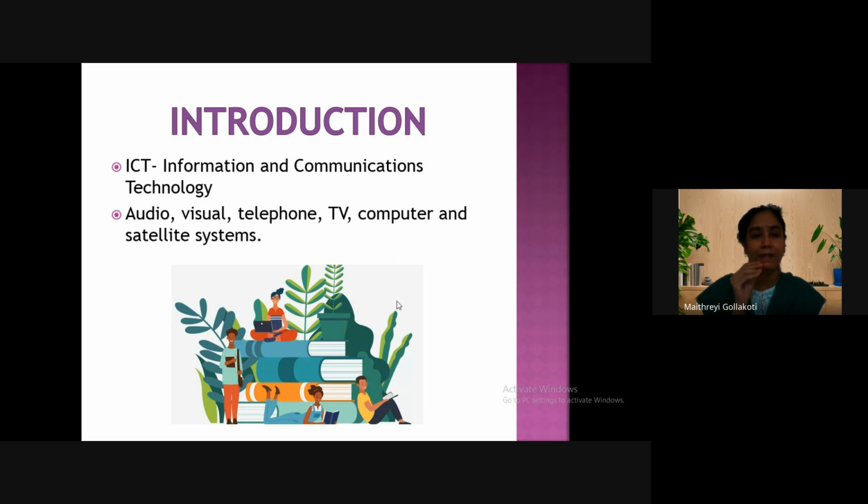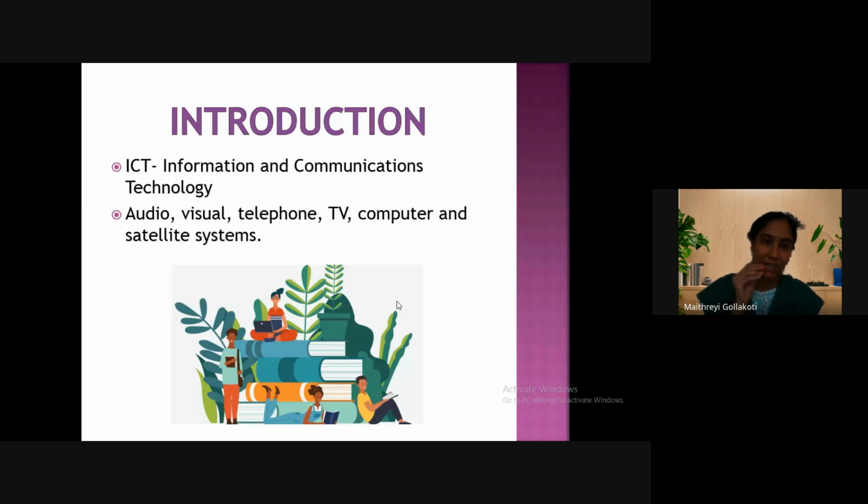ICT tools means the tools which are used for spreading information and the tools which are used to communicate with one another. Okay, so these are the set of tools that give us information that help us in communication, and they are all technical. Means they use electronics.